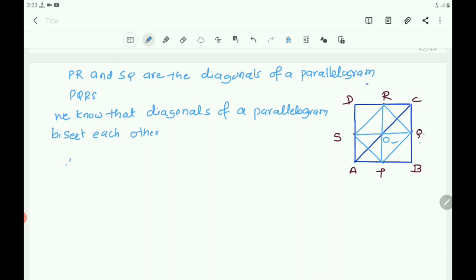Therefore, here you can say that SO equals OQ and RO equals OP, and therefore the diagonals bisect each other. O is the midpoint of both SQ and RP.